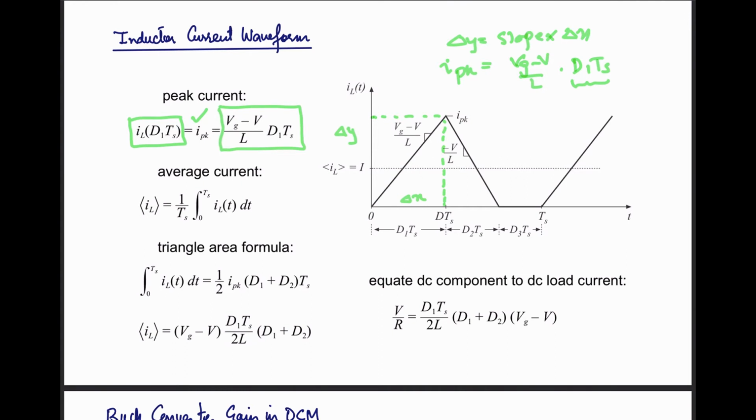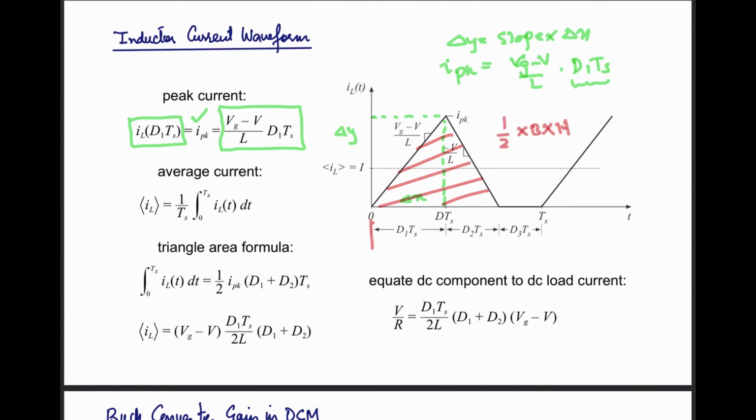Now what is the average current? The average current of the inductor will be the area under the curve of this inductor waveform from 0 to Ts, and for the average we are going to divide it by Ts. How can we find the area under this curve? This is going to make a triangle, right? So we can use the expression half base into height.